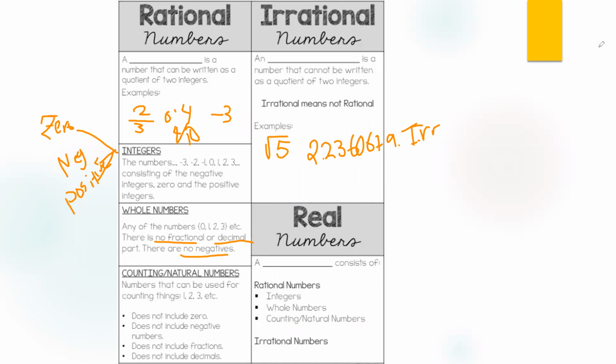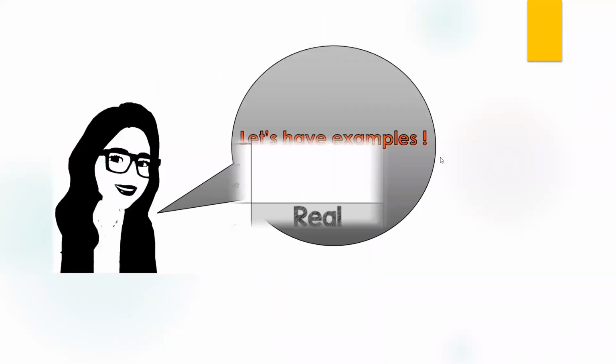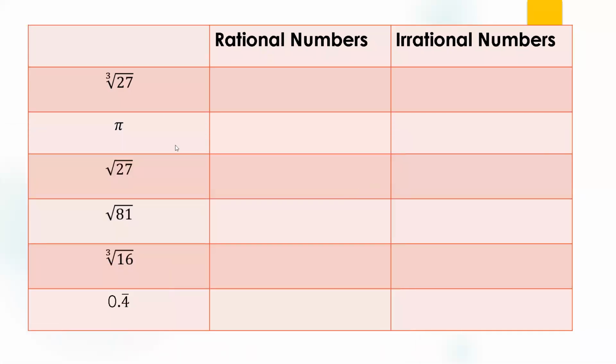Shall we take more examples now in order to understand what the rational and irrational numbers are? Here, the cubic root of 27. What is the cubic root of 27? It's 3, right? Can I write 3 as a fraction? Yes, as 3 over 1. So, since it can be written as a fraction, it is a rational number.